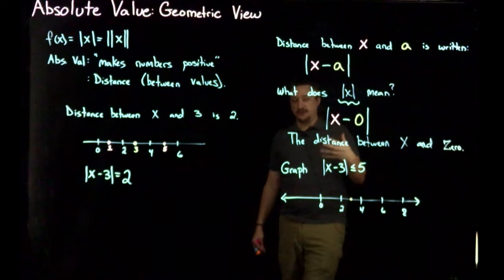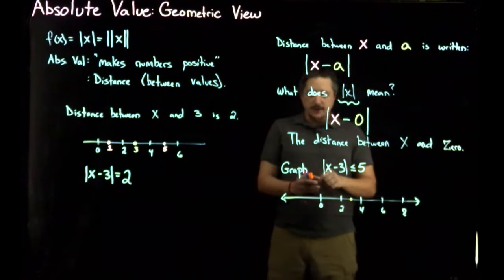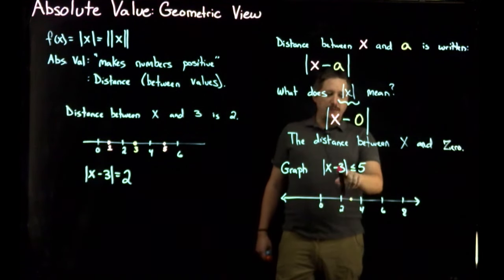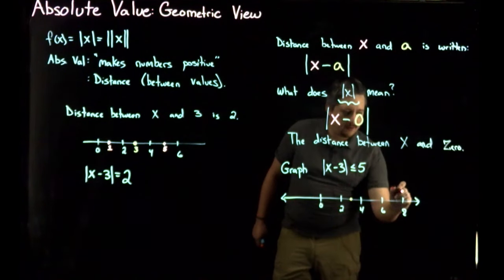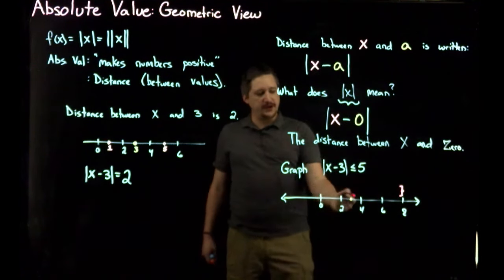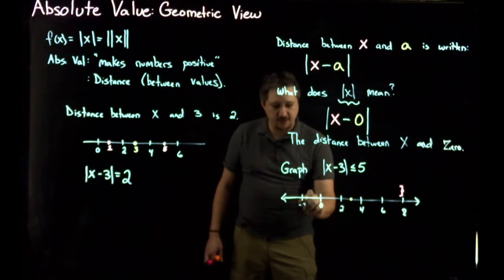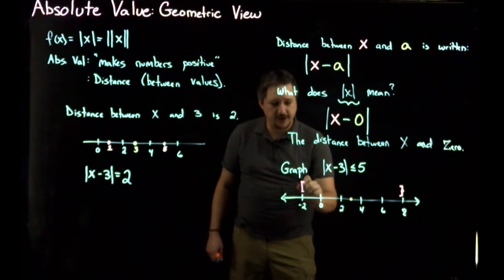We will talk about, in the analytic view, how to do this with actual algebra. But until we get that far, I will just say, okay, I can go up to 5 units right and left. So if I go 1, 2, 3, 4, 5, 8 is going to be one side of it, and I can include 8, right? And then if I go the other way, 1, 2, 3, 4, 5, -2 will be the other side, and I can include it, so I'm using a square bracket.